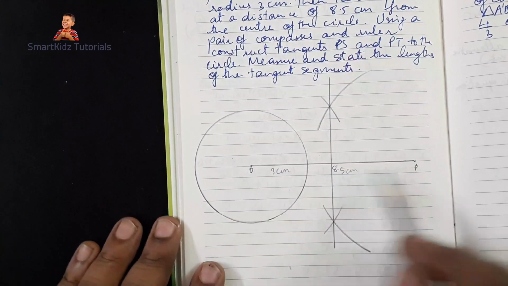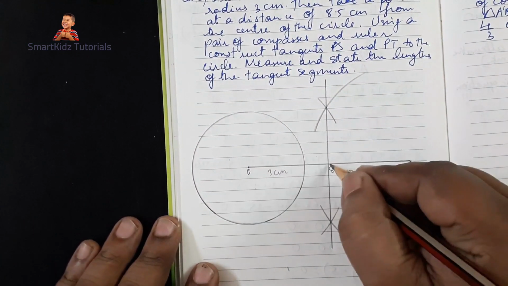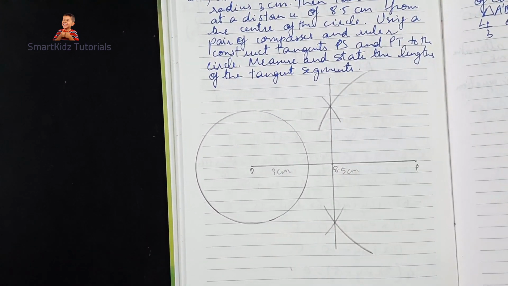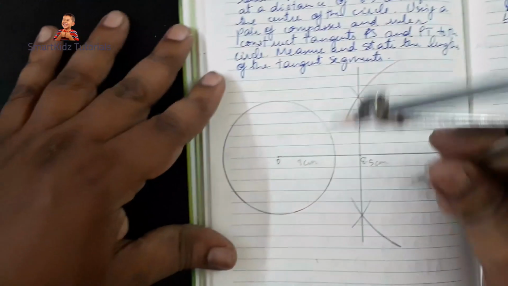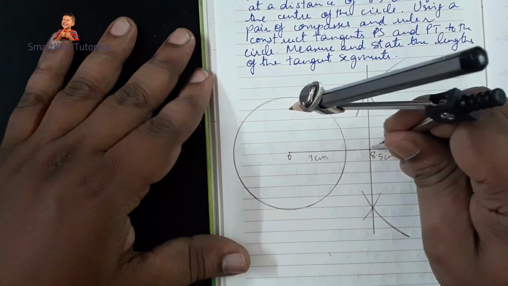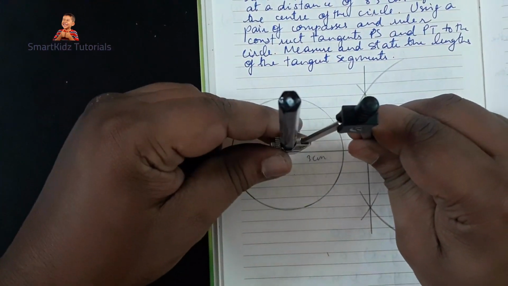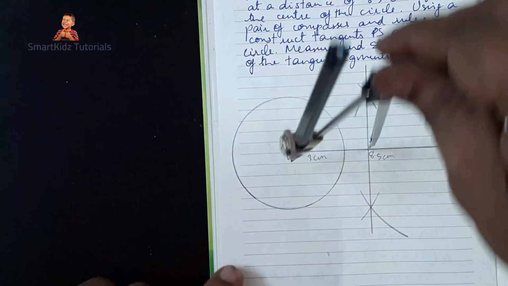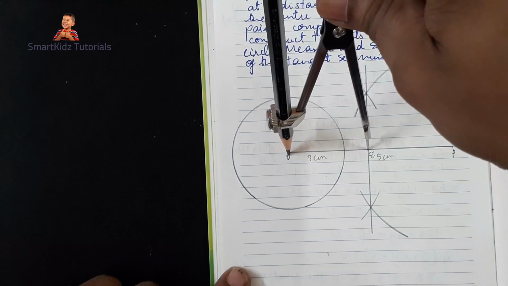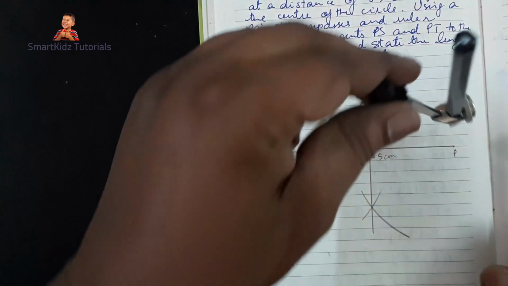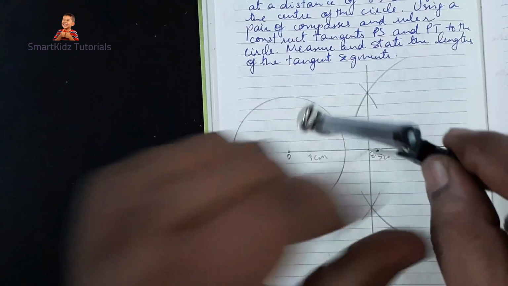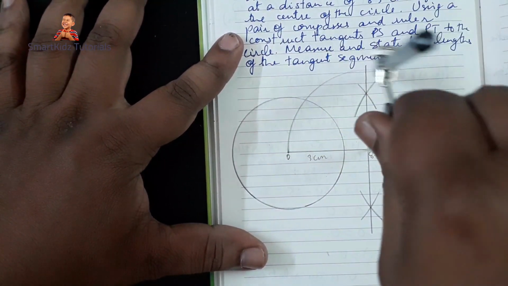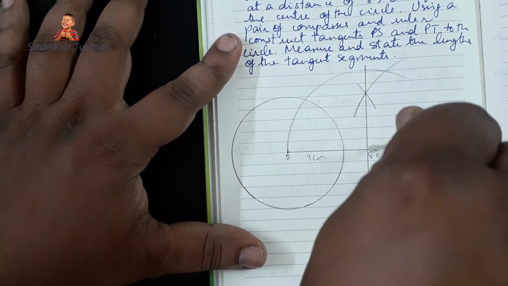Where this line intersects OP, we're going to mark this point. That will be our center, and from this center till O, that will be our radius. Ensure that the length is equal on both ends, because you need to draw a circle and radii of the circle have got to be of equal length.